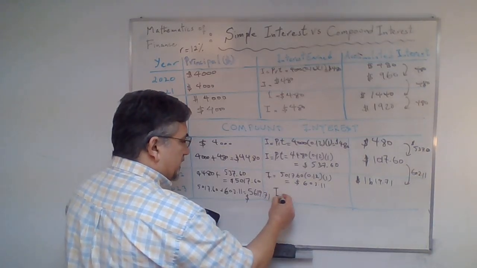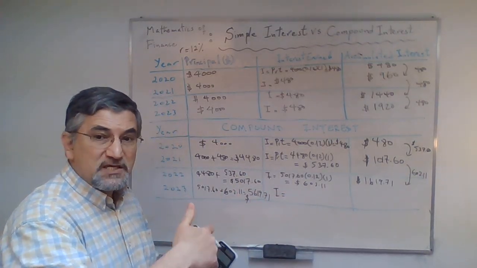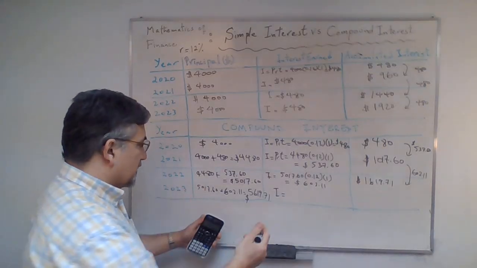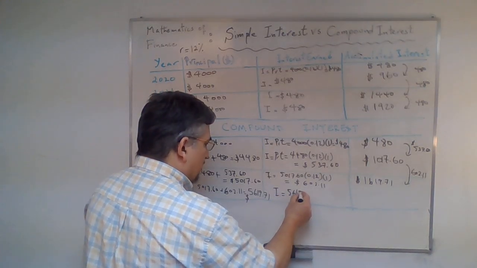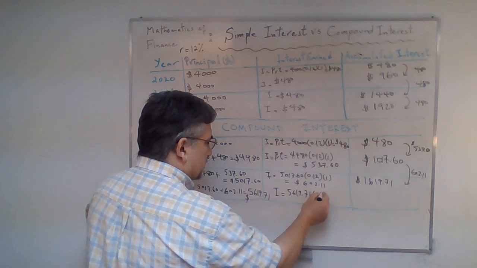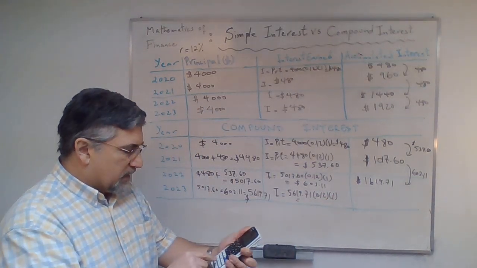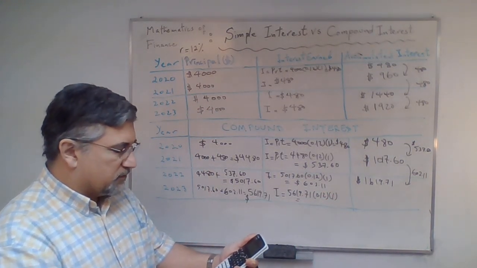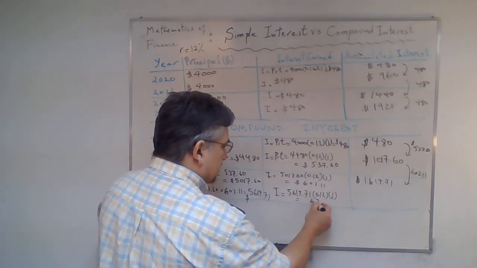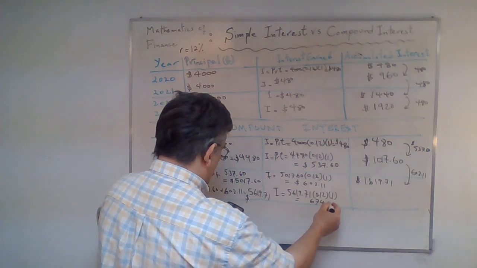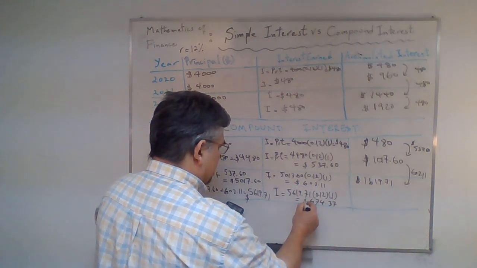So again, we go I equals PRT, but this P is supposed to be the new principal. So I go 5,619.71 times 1 times the rate of interest, 12%. And when you do the math, use your calculator, you get $674.37.